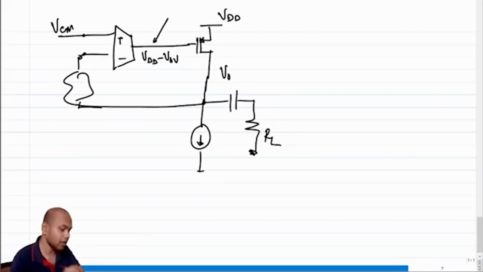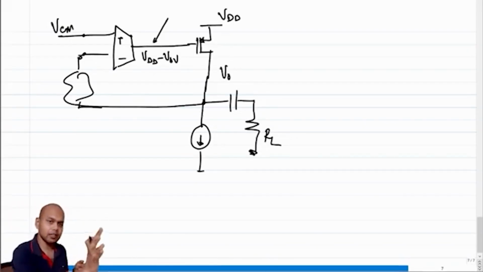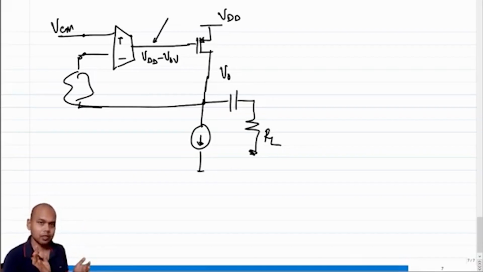Note that this is a drain. So the drain of a PMOS transistor can go higher than one threshold voltage above the gate, right? In principle.